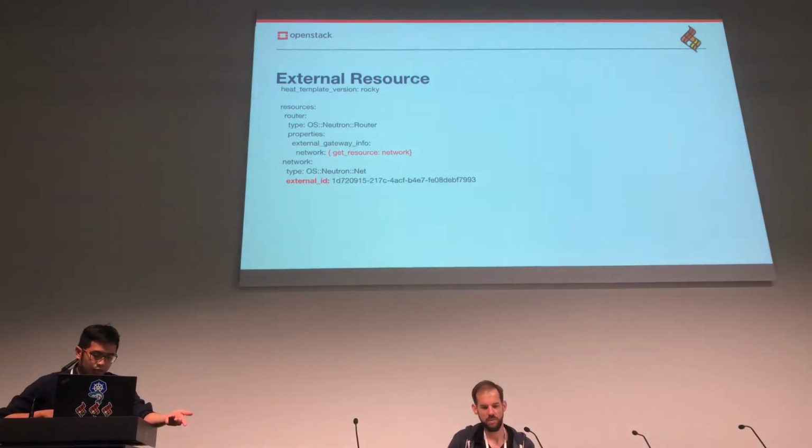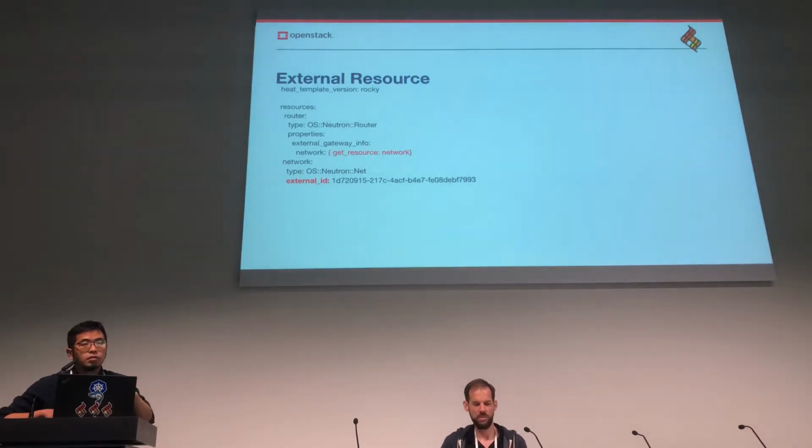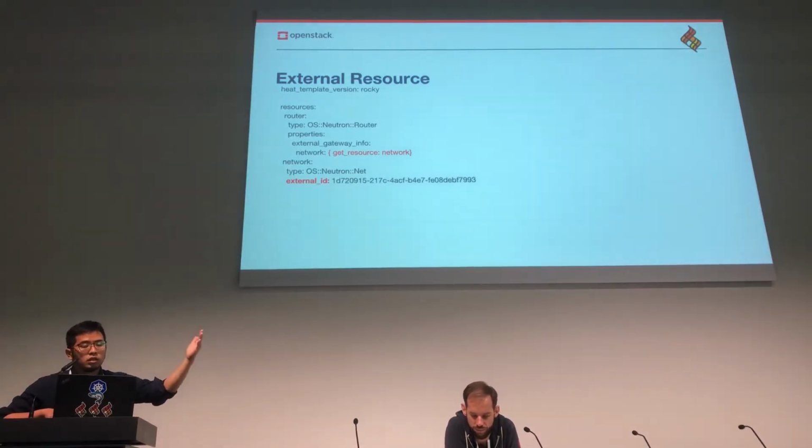For this example, it is a Neutron network, which you only allow in the stack to create and delete. You're not allowed to update the network parameters here. But with this, when you delete the stack, you won't touch your external network. That network will be there externally.